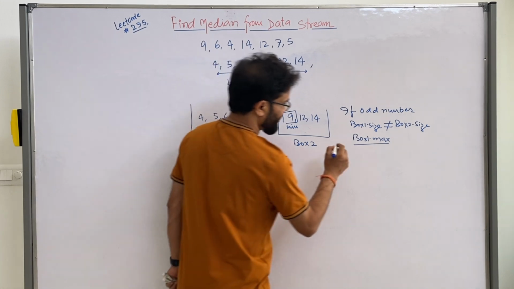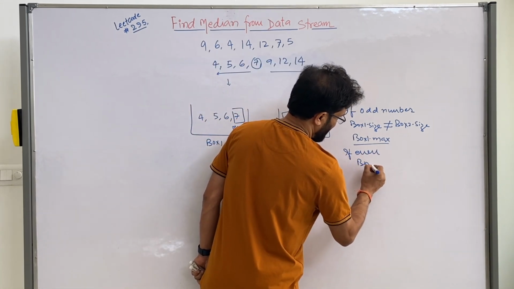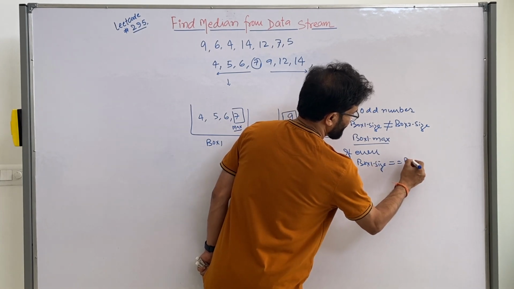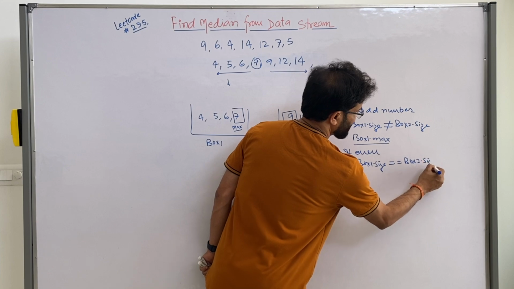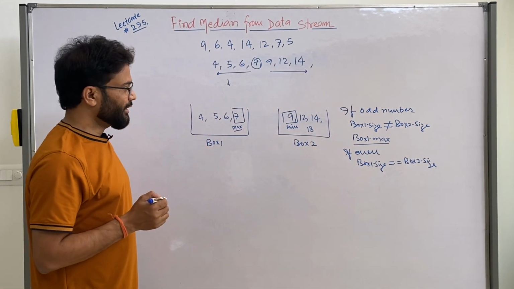But in the case of an even number, when box 1 size equals box 2 size, suppose for example 18, then what will we do?